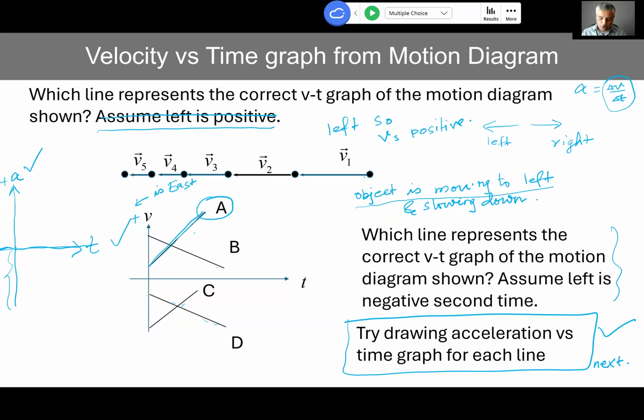For A, the slope is positive, it's uphill, right? Since we are choosing up as positive, uphill means positive slope, or acceleration.